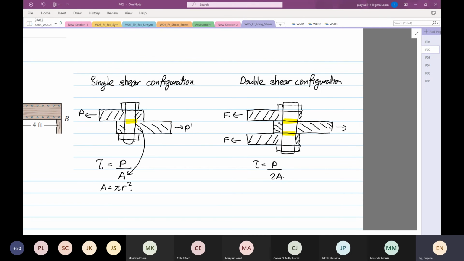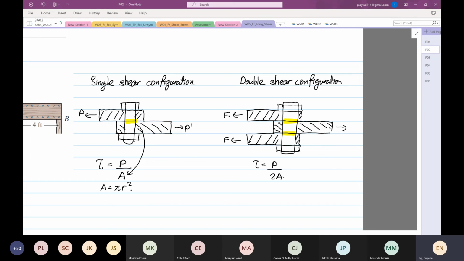If you look at this, the single shear has higher stress. Let's say P is a constant and the area is constant. Let's look at the equation. Which one will generate higher stress, single or double shear? The single shear, yes or no?